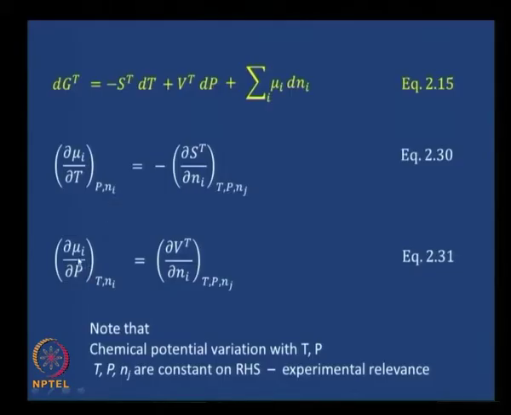This gives the variation of chemical potential with pressure when the temperature and all moles are held constant, which can be again done in an experiment, and this is given in terms of the other thermodynamic variables which may be easier to determine.